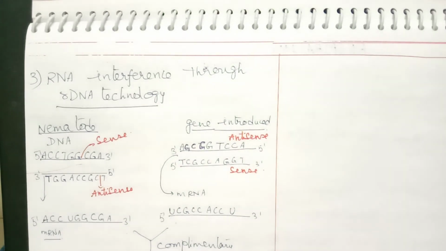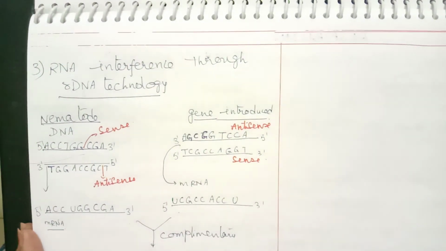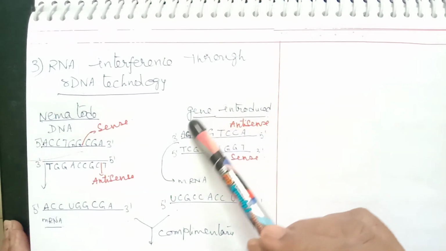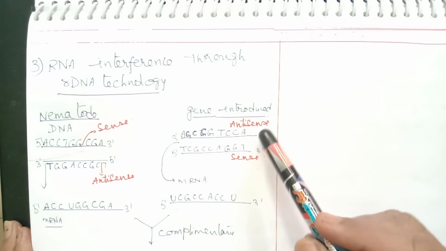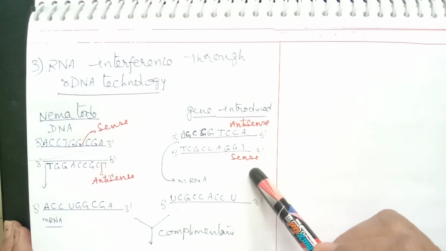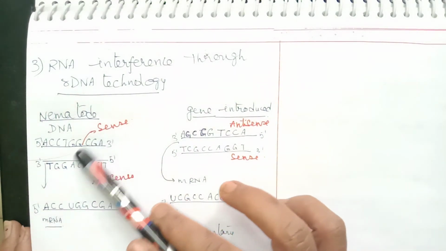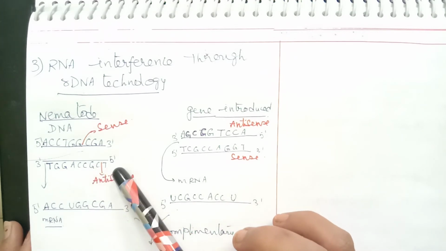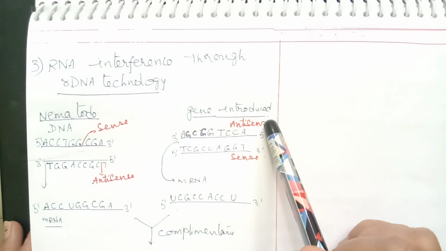In this technique, a gene is introduced in such a way that it can produce both sense and antisense strands. To make the mechanism clear, I have taken a sequence of nitrogen bases for the nematode and for the gene introduced.